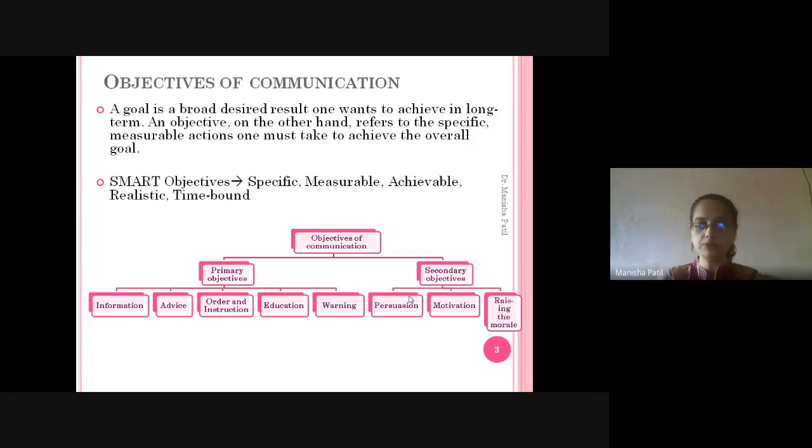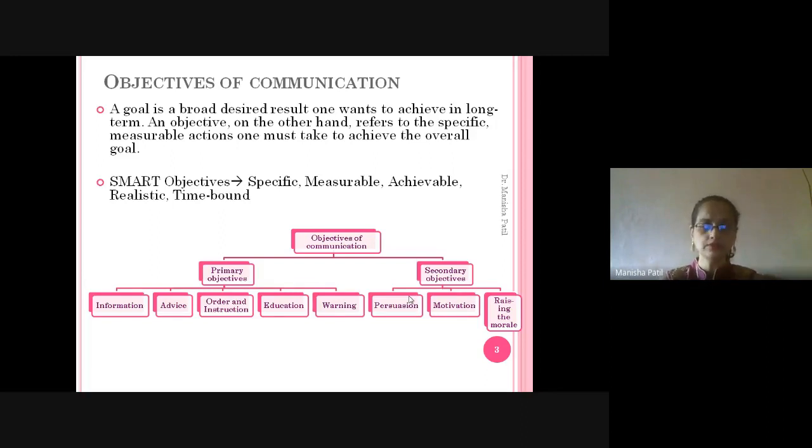Under secondary objectives, you have persuasion, motivation, and raising the morale. Primary means first. Secondary means second. You know it very well. Primary education, secondary education, you know that. So, primary means it comes first. Secondary means it comes later.